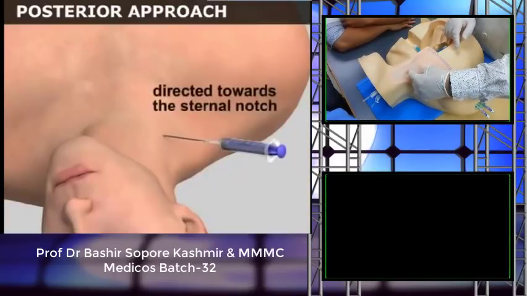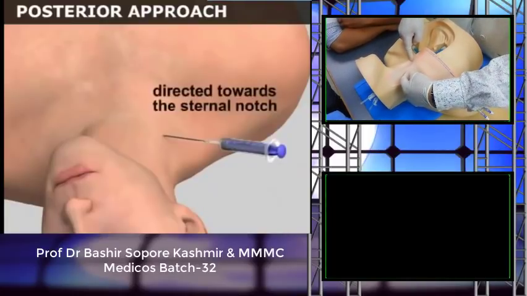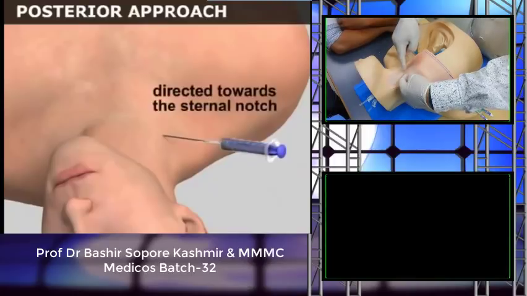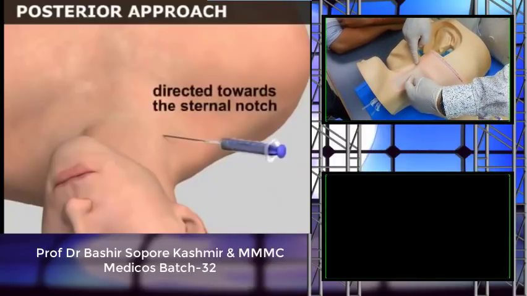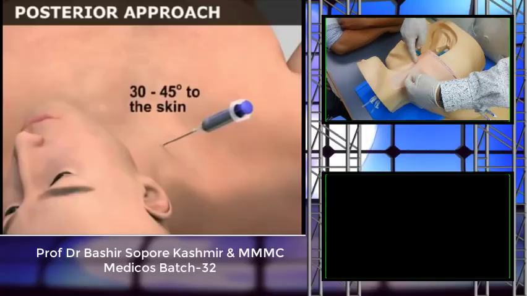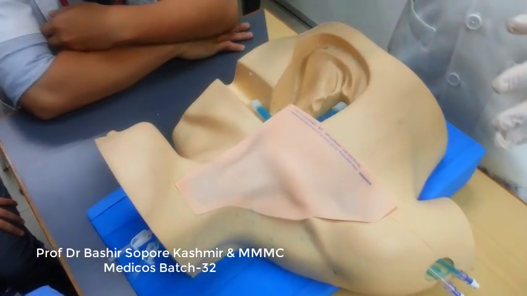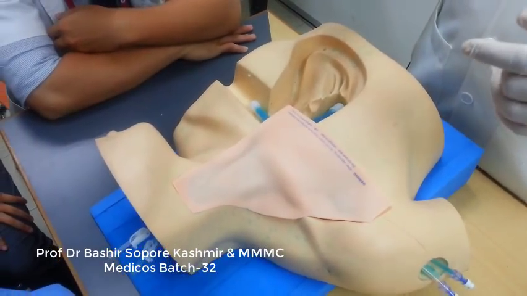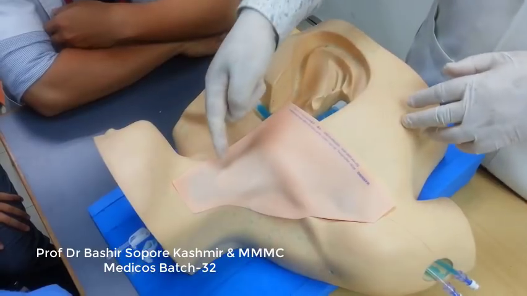The direction of the needle will be towards the sternal notch, at 30 to 45 degrees. You insert the needle here. This will be called the posterior approach. So again I repeat, the anterior approach is on the lateral side of the thyroid cartilage, along the medial border.